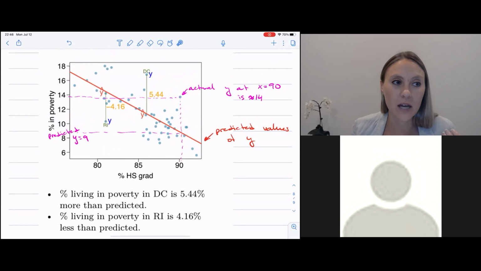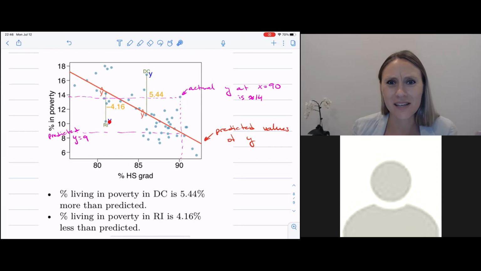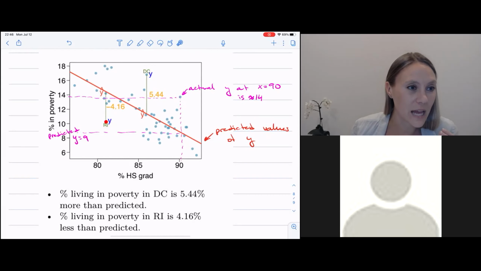Whereas if the actual is less than the predicted, so if we're looking at RI, which is Rhode Island, I think, right? The states, who knows? Rhode Island, they say the same thing about us, I'm sure of it. So Rhode Island had an actual value close to 10 when x was 81-ish, but the predicted value was somewhere around 15.